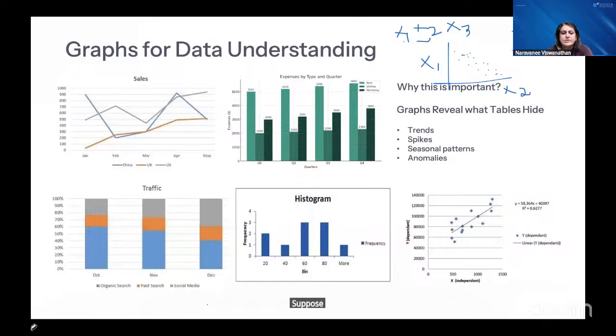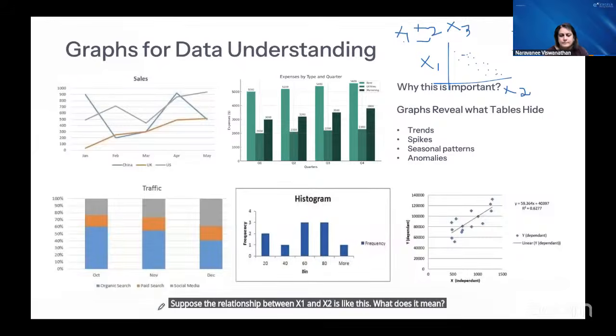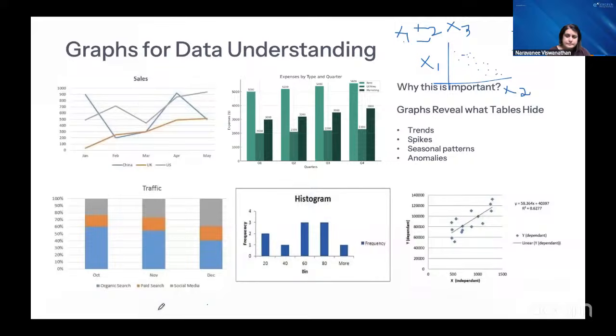Suppose the relationship between x1 and x2 is like this. What does it mean? It means that when x2 is increasing, x1 is decreasing.